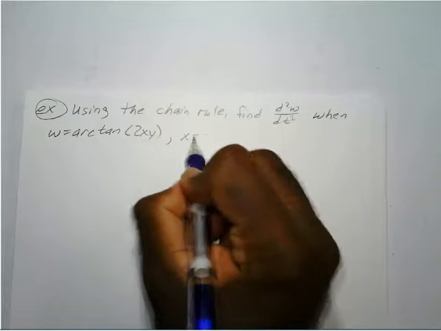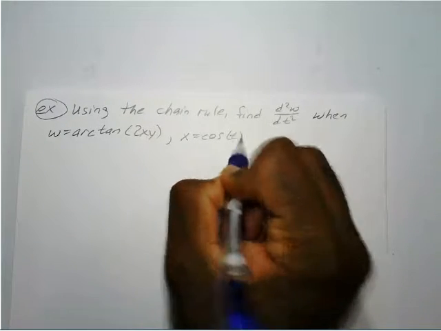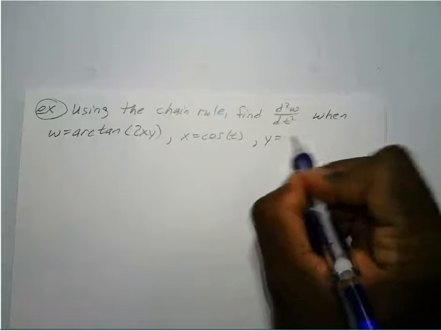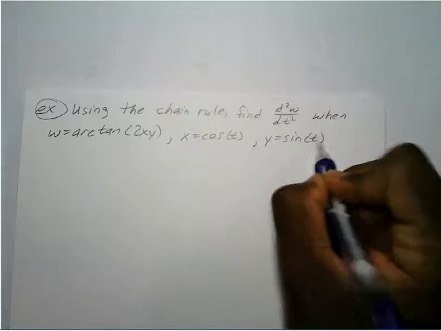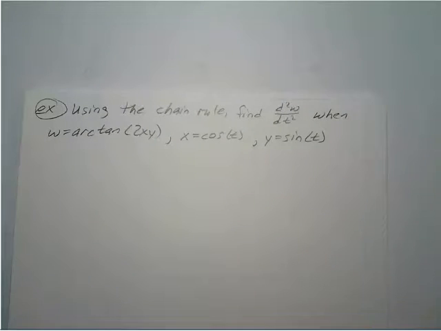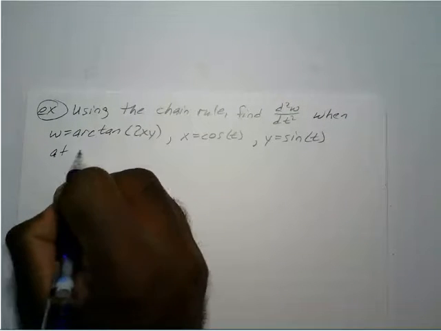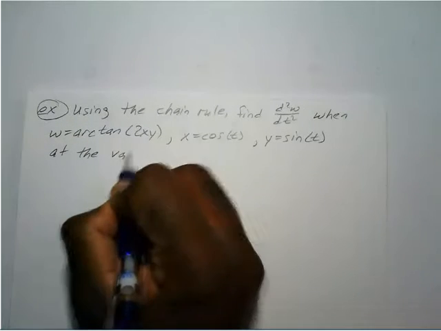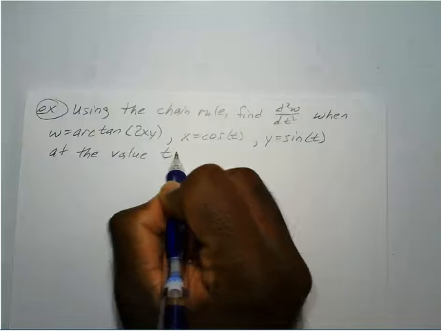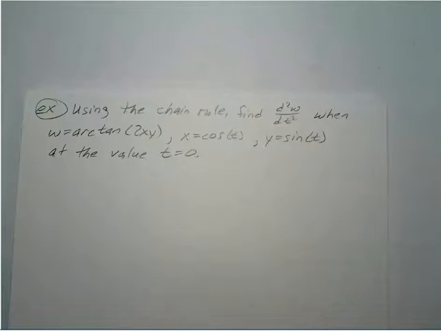Let's say that x equals cosine of t and y is equal to sine of t. And we want to know at the value of t equals 0.